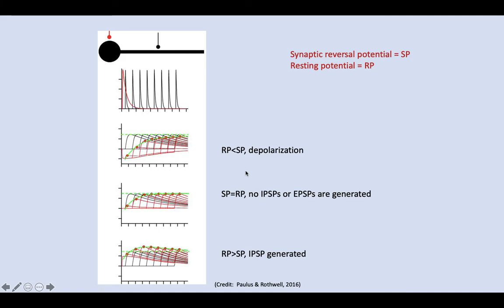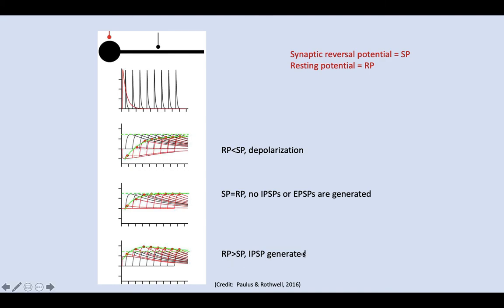You can see here where the synaptic reversal potential is equal to the resting potential, you're not really getting any EPSPs or IPSPs. They think that shunting inhibition doesn't produce significant depolarizing or hyperpolarizing currents.